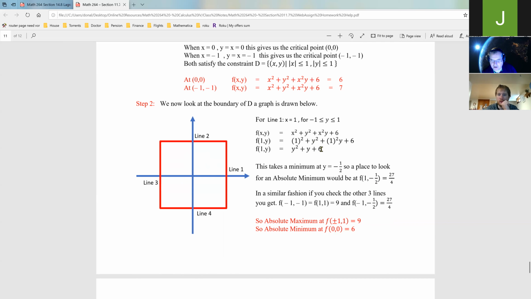Yeah, it looked like it should be y squared plus y plus 7. Yeah, it should be a 7. The good news is it didn't affect the answer, because it's still going to happen at this point. Gotcha. Now, when I plug in the -1/2, does it change the answer? 6 1/4.